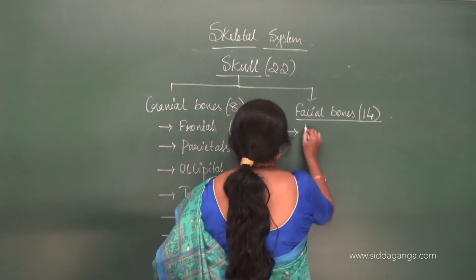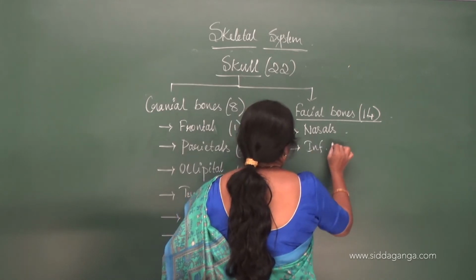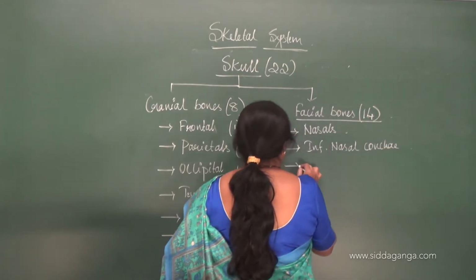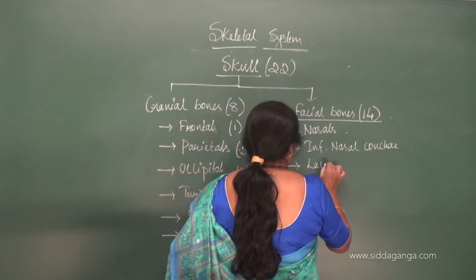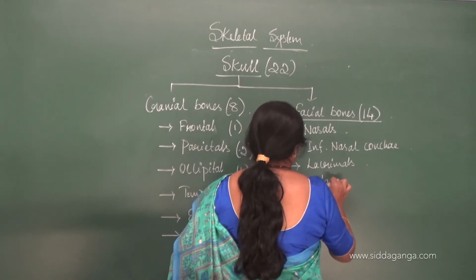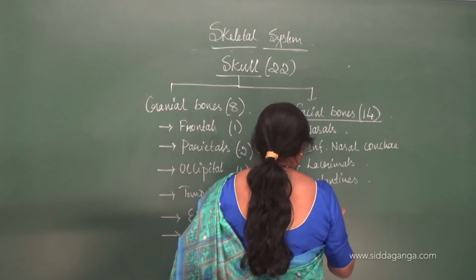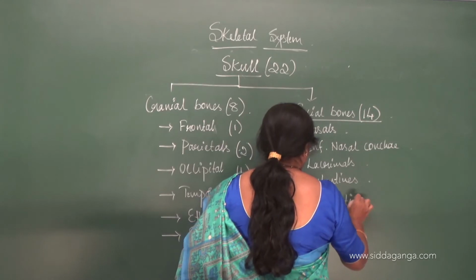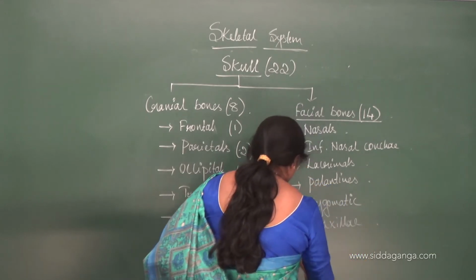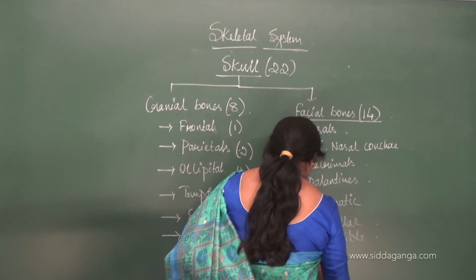They are nasals, inferior nasal concha, lacrimals, palatines, zygomatic, maxillae, mandible, and vomer.